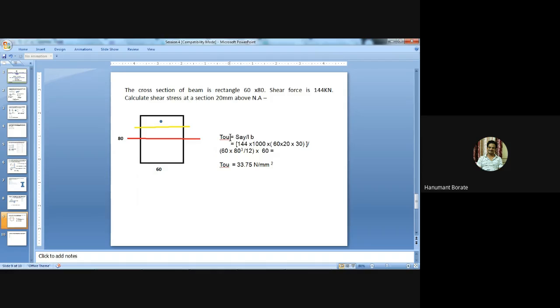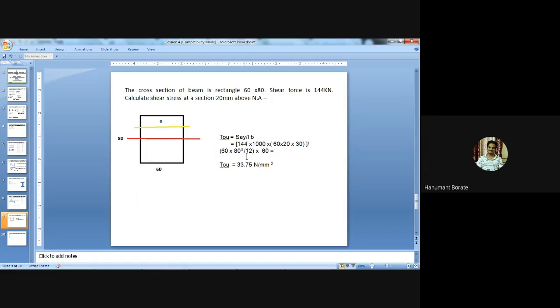And the basic formula, tau equal to S A y bar divided by I B. S means shear force. This A is the area of the considered strip, and y bar is the distance of the centroid of the considered area to the neutral axis, and I is the moment of inertia of the cross sectional area, and B is the width of the considered strip.